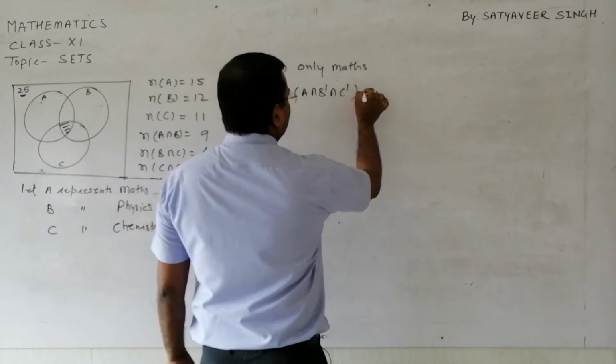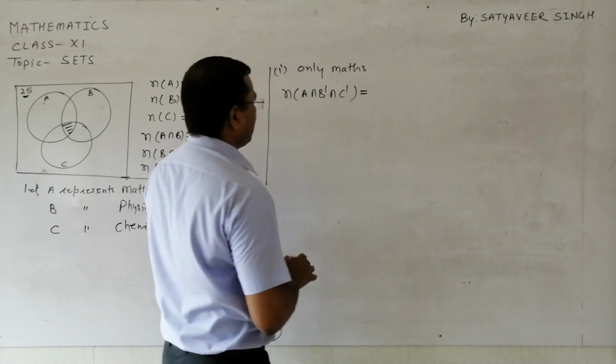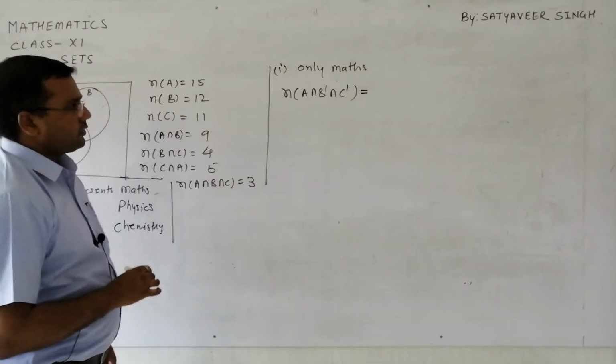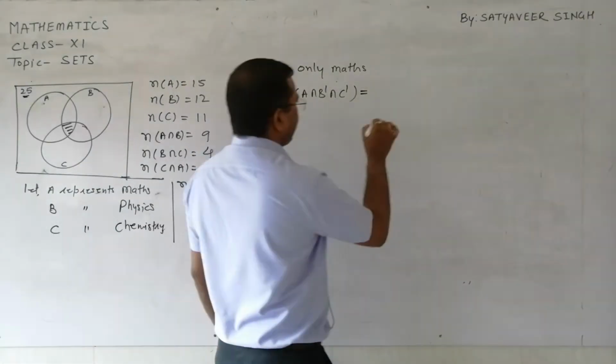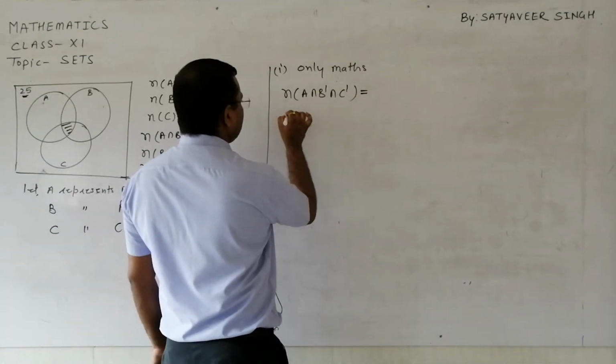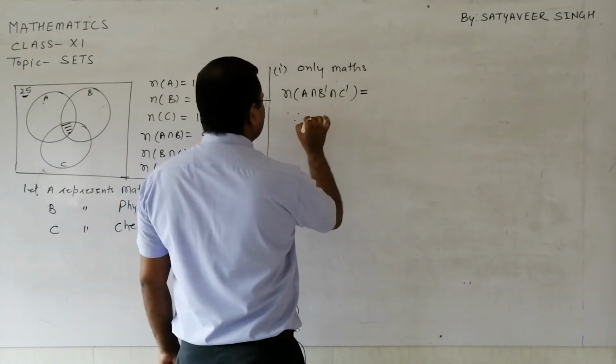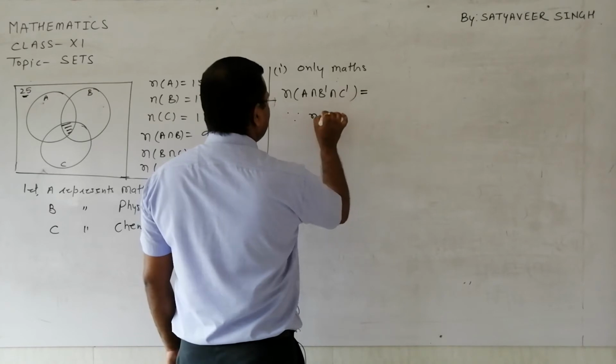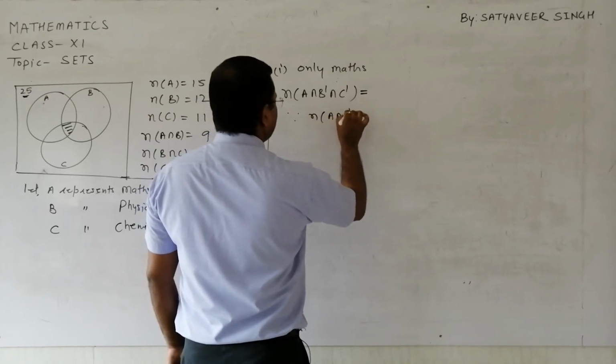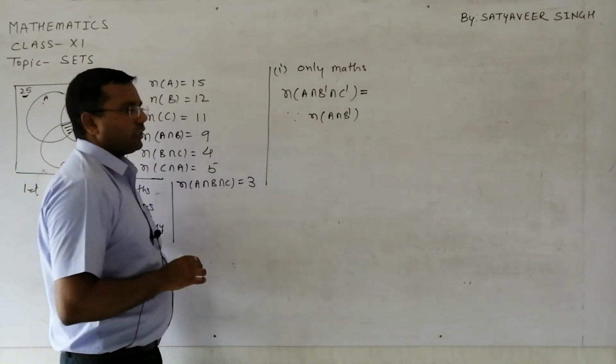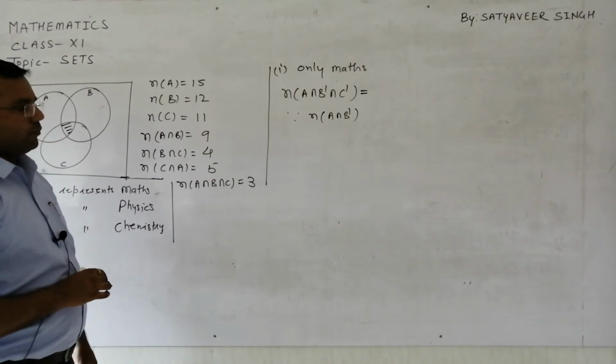Now how will you solve this further? You can solve this further using the result, because we know that A intersection B complement, there is one formula.